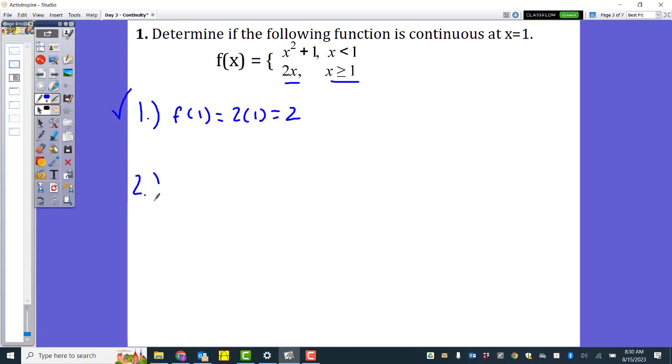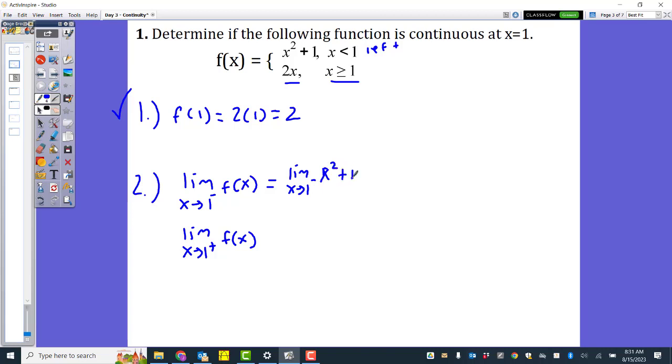Then we move to part 2. The limit. Does the limit exist? So we've done a few one-sided limits like this before. So limit as x approaches 1 from the left of f of x. Limit as x approaches 1 from the right of f of x. So if we look at the left, this is the left side here. These are the x values that are less than 1. So we're looking at the limit as x approaches 1 from the left of x squared plus 1.